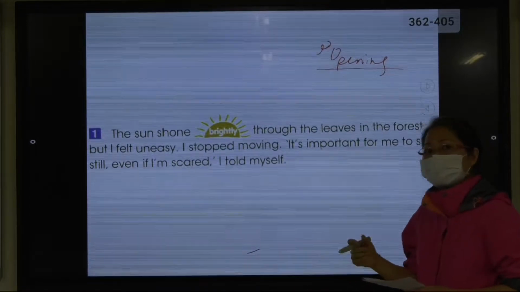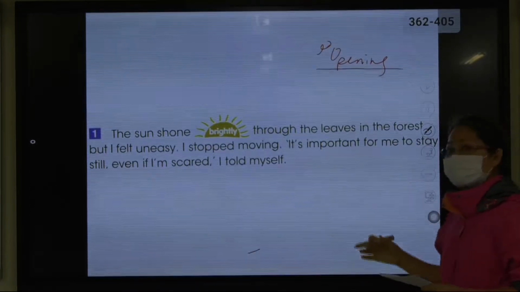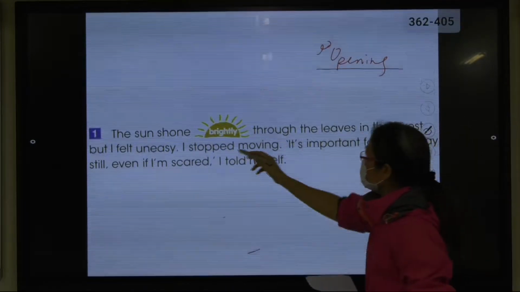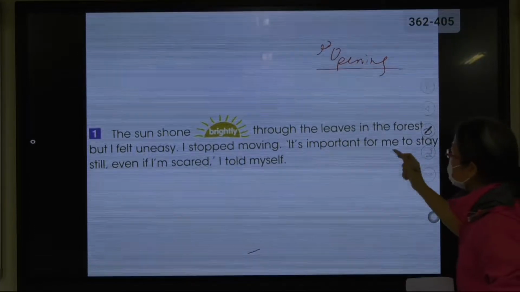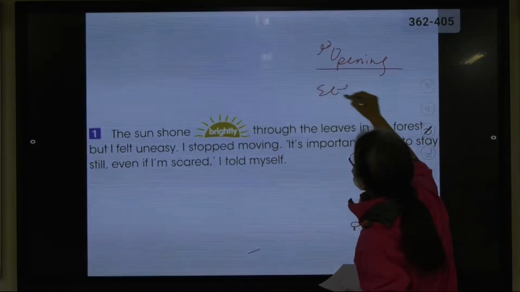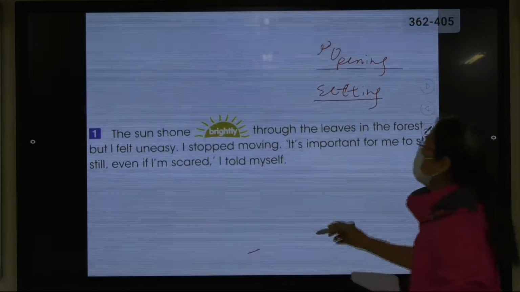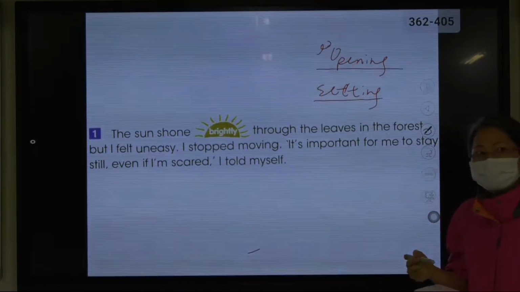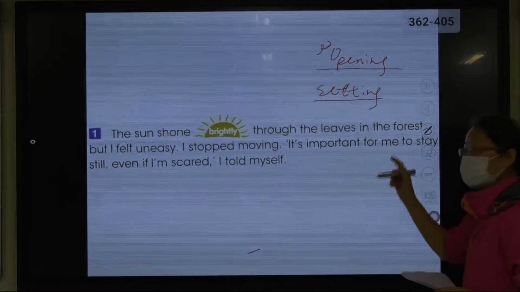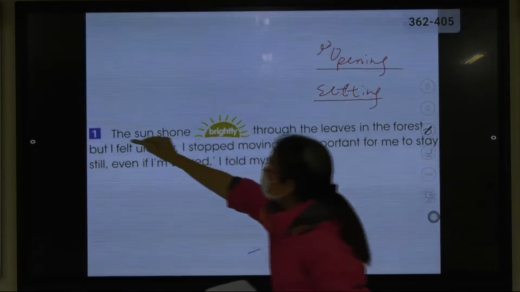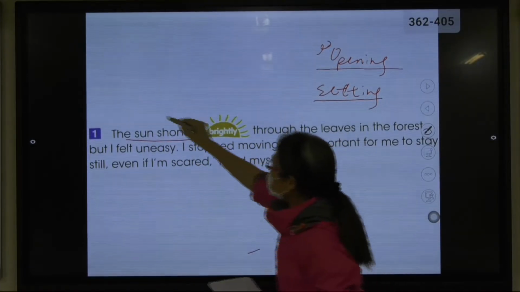The opening tells us the setting and the mood of the story. Okay, look at paragraph 1. Setting. When and where did the story happen? Look here. The sun shone brightly.